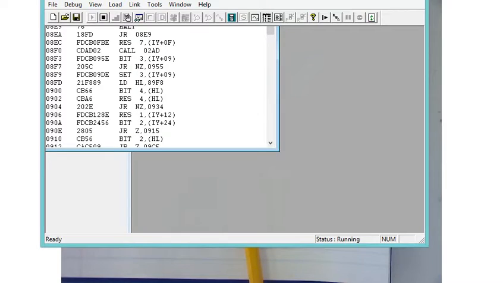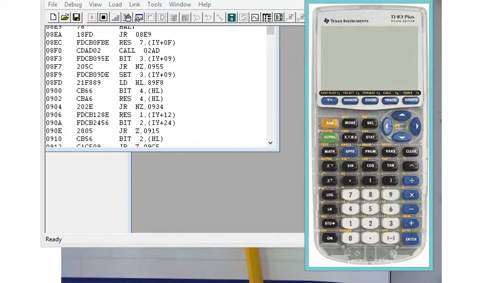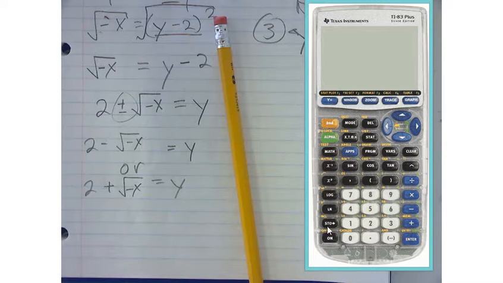We're going to graph the original function. And so the original function was, let's come in here, and we'll clear this out, and we will say negative times the quantity x minus 2, squared.